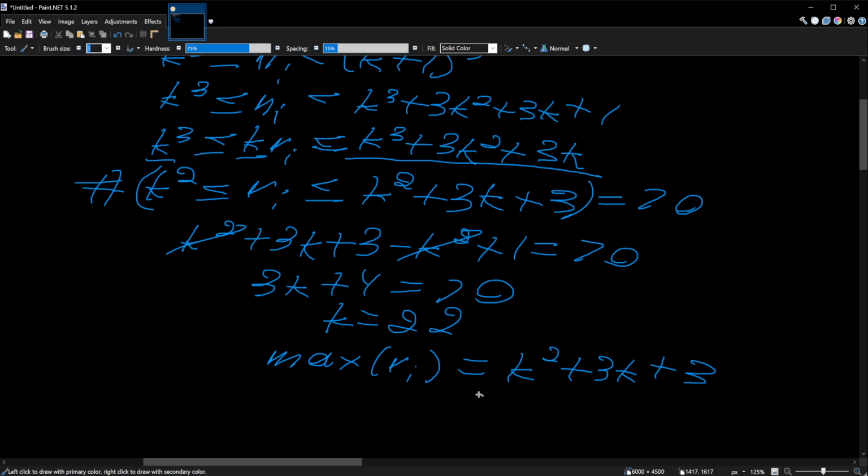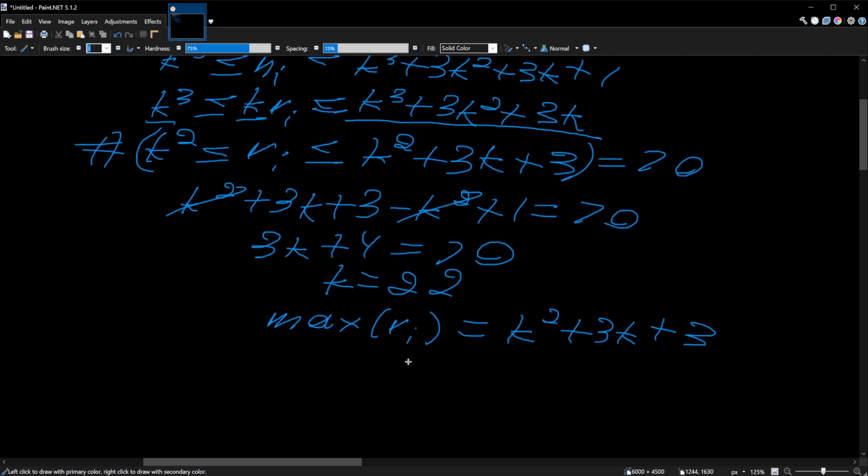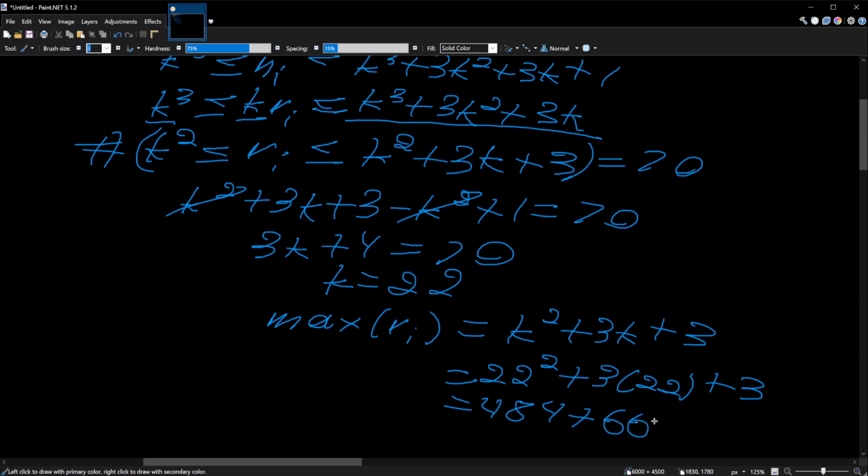Okay, well our k is 22, so this is just going to be 22 squared plus 3 times 22 plus 3. 22 squared is 484. Kind of looks like a 9. Let me redo that. 484 plus 66 plus 3. All right.